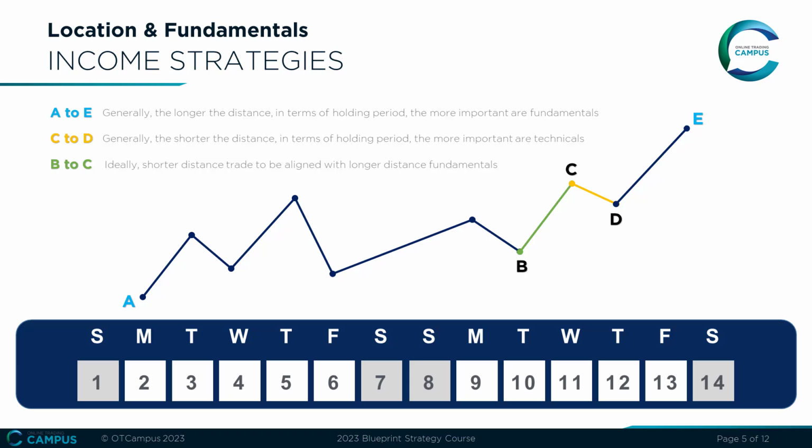However, it wouldn't have to be that way. You could also apply a little bit more weight on the technicals on the shorter distance trades, or on the lower holding period trades, or on the daily income trades, whatever you want to call them.